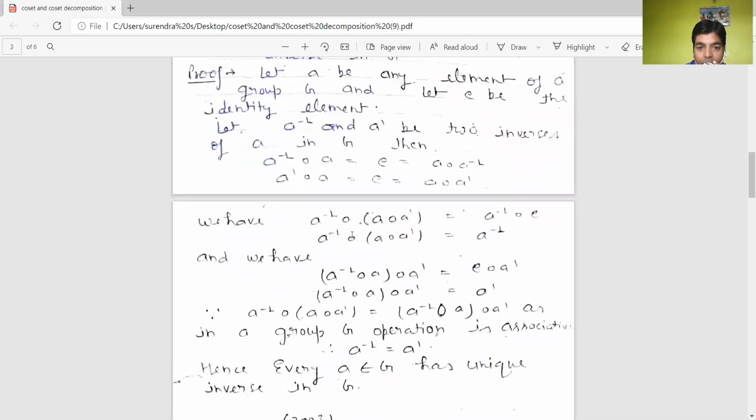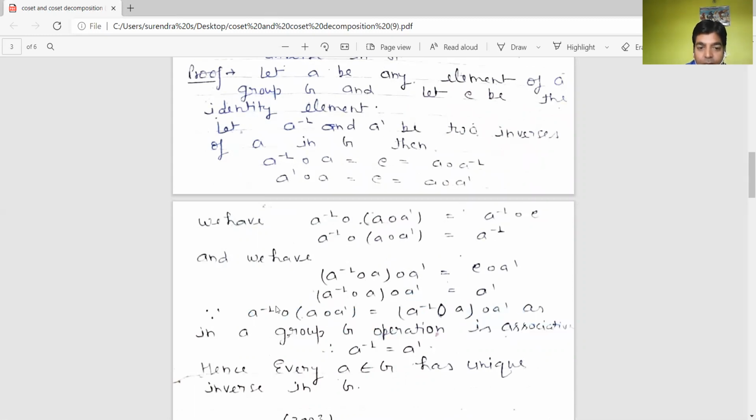We have A inverse operation (A operation A dash) is equal to A inverse operation E. That implies A inverse operation (A operation A dash) is equal to A inverse. Now again we have (A inverse operation A) operation A dash is equal to E operation A dash, which is equal to A dash.